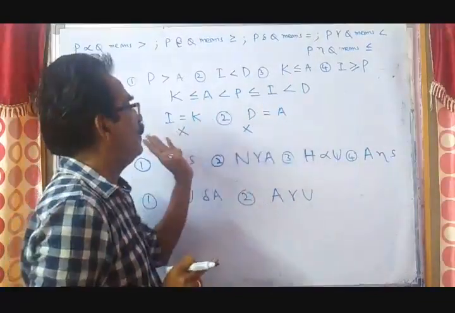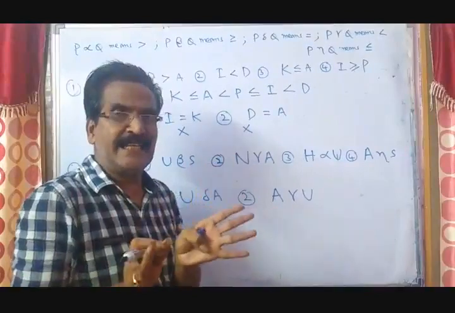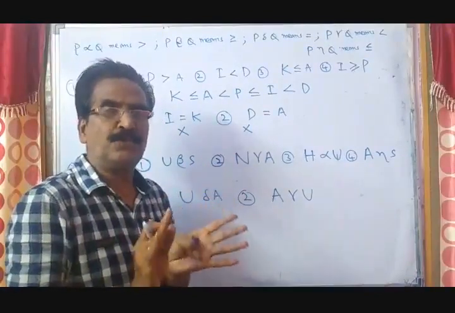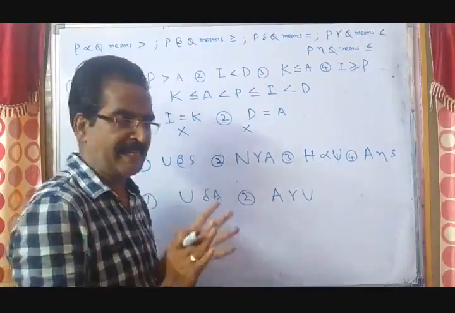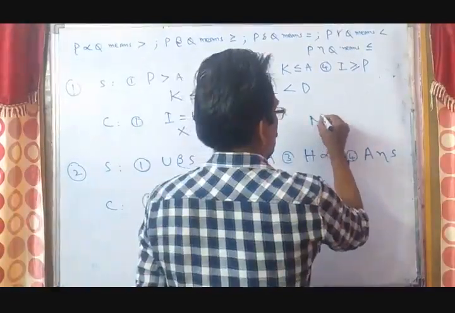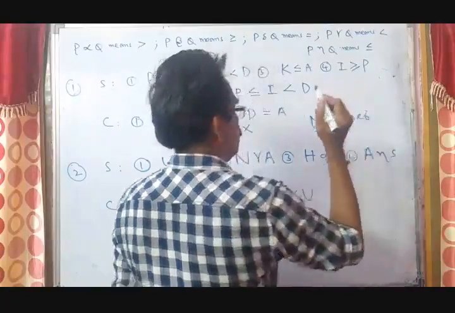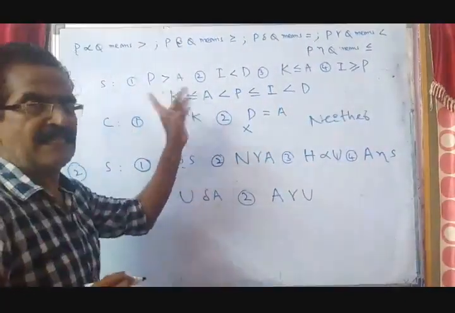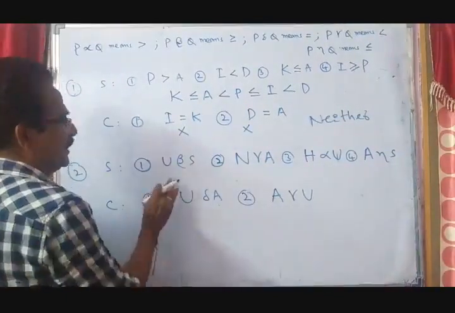This does not follow. Both the statements do not follow. So the answer is neither. Neither of the two statements is followed. Your answer is neither. Now let us see the second question.